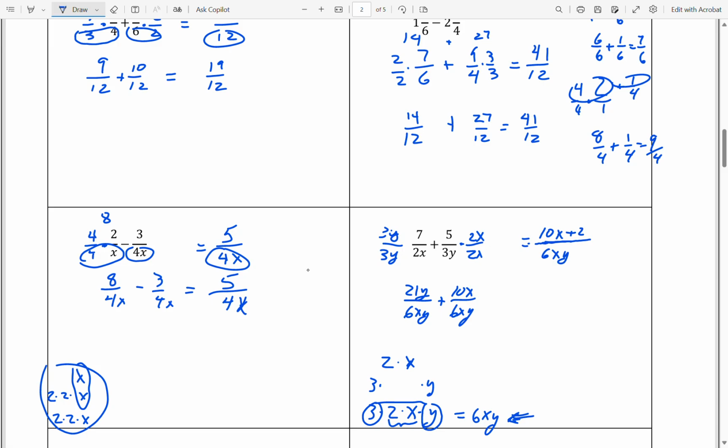Remember that addition and multiplication can have their order changed, and it won't change the result. So the conventional thing to do is to put it 10x plus 21y. Now, if this could be simplified, I would simplify it, but we'll talk about that more as we get into the pure algebraic fractions later.